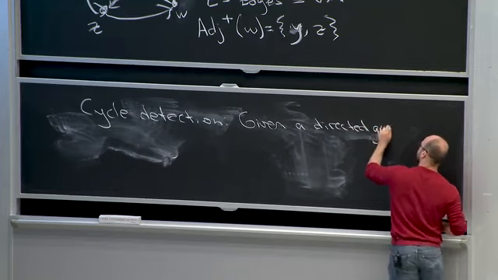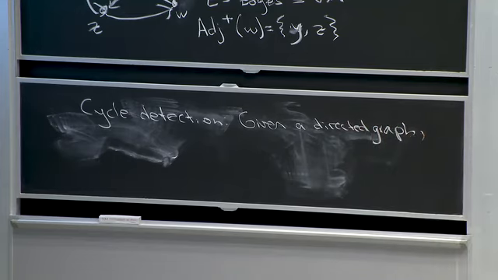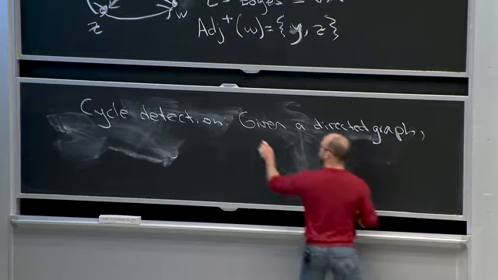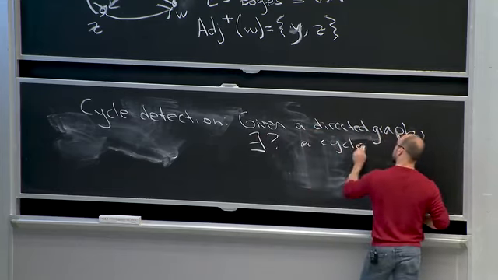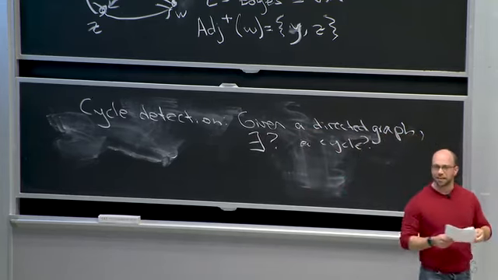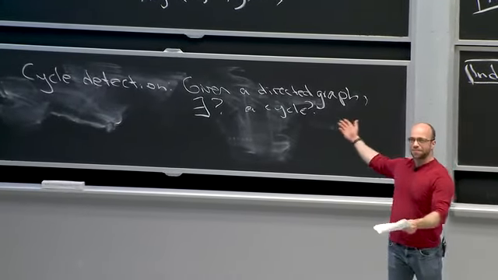There's a G in graph, in case you're wondering. But now we don't know if it's a DAG or not. And so the question that we're trying to ask is, does there exist a cycle in our directed graph? So we're just given our graph and we want to know, can we do this?